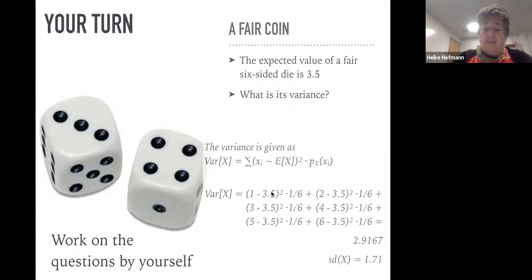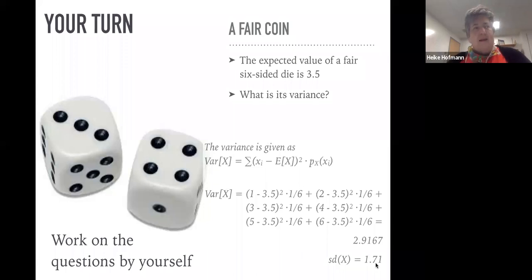We subtract the expected value, we square that difference, we multiply that by 1/6. And that gives us a variance of 2.91. That's the squared units, so squared dots of a die. It might be easier to think of this in terms of the standard deviation, so 1.7.